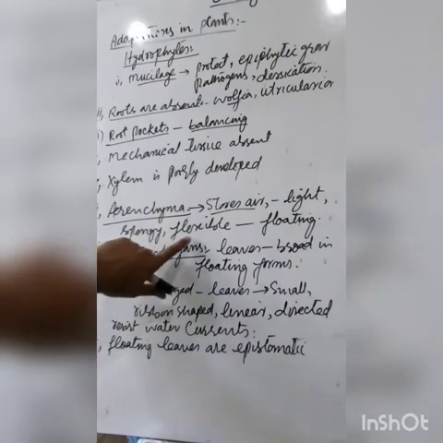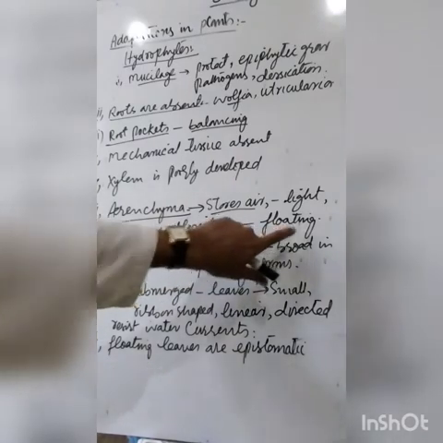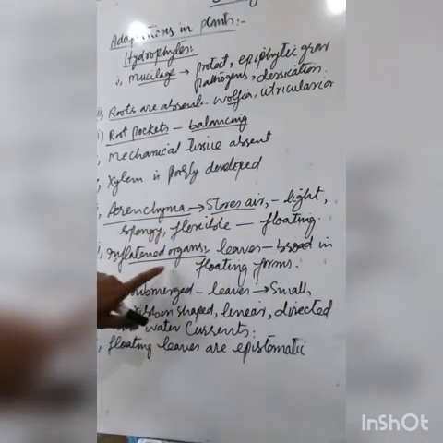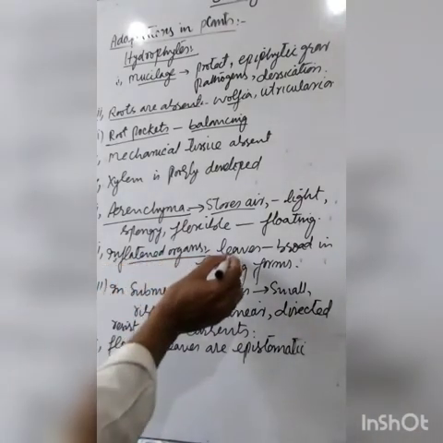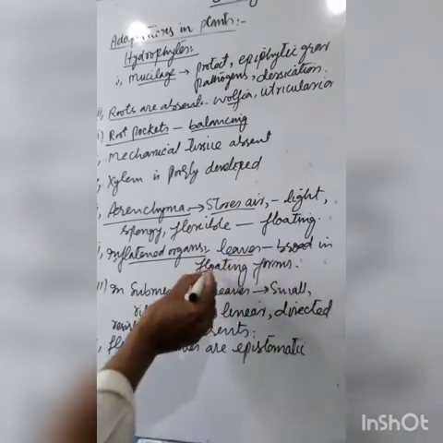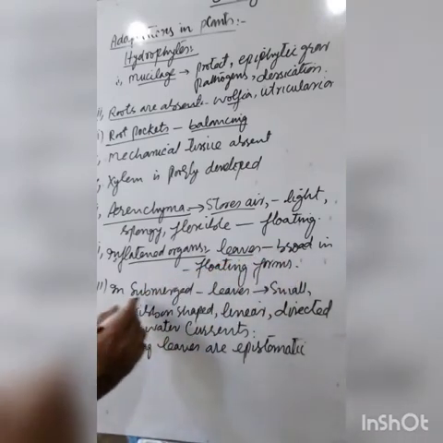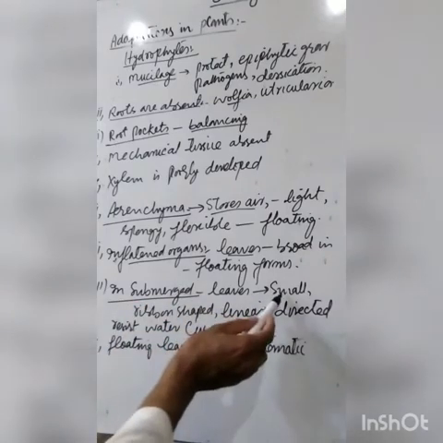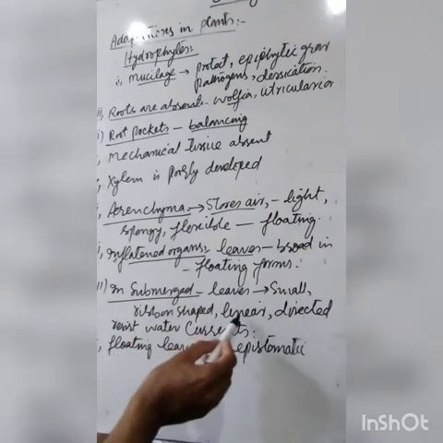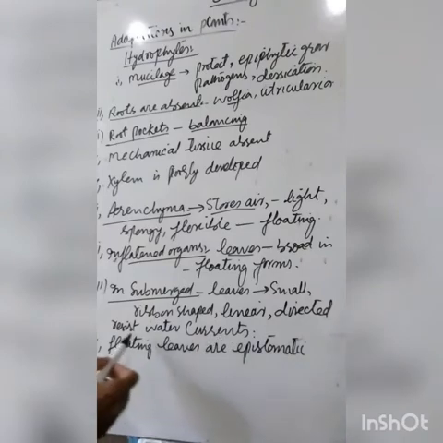It is spongy, it is flexible, and it helps in floating. There are inflated organs. Leaves are broad in floating forms. In submerged forms, leaves are small, ribbon shaped, or linear, or dissected in order to resist the water currents, so that they may not get damaged.